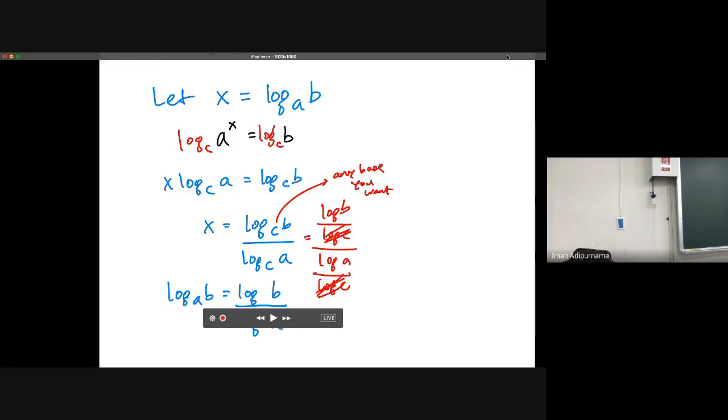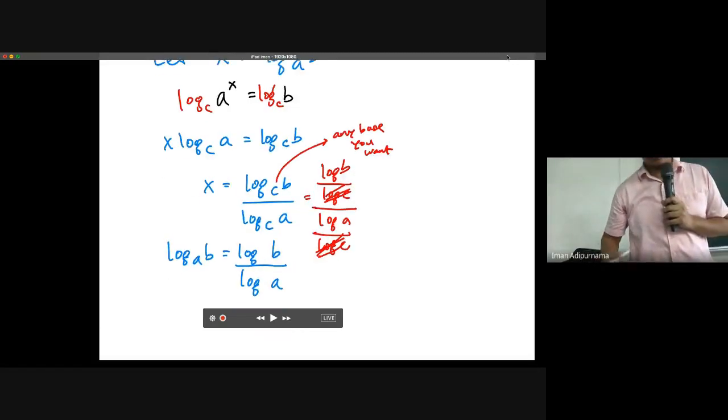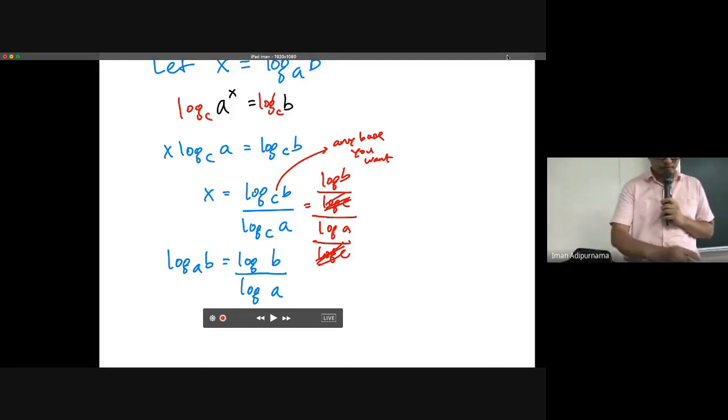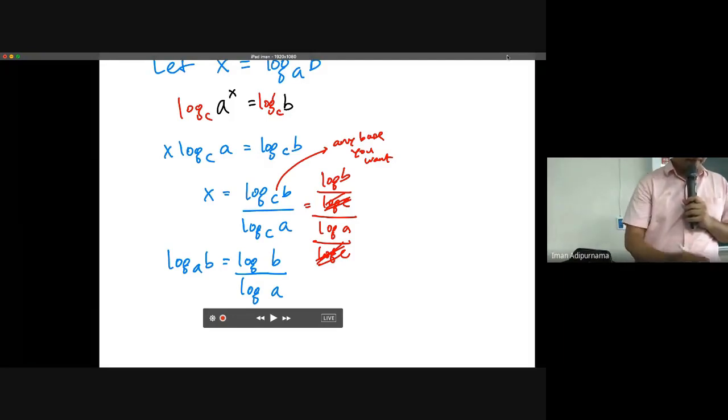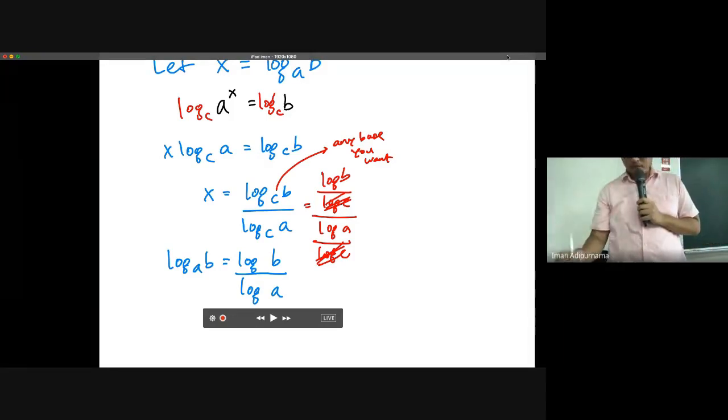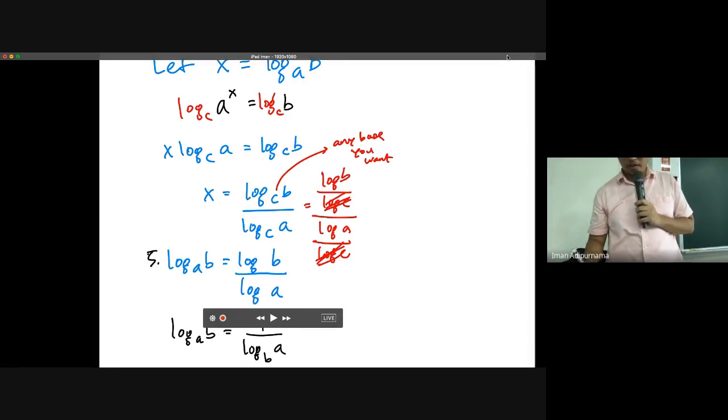This c, these two, will be canceling each other. So log a of b is log b over log a. And you can also have log a of b is 1 over log b of a. Just switch this over.